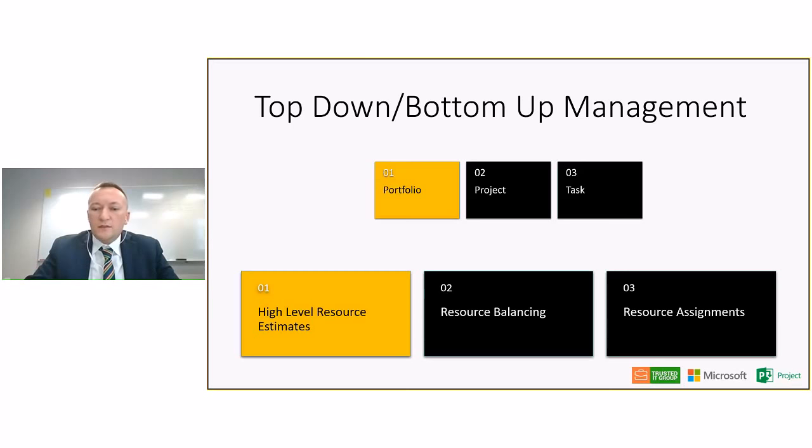And then once we balance that, we can actually get to the stage where we can assign those resources to actual activities. So in this case, we detach our overall complex organizational resource management balancing exercise from the actual assignments on actual tasks.